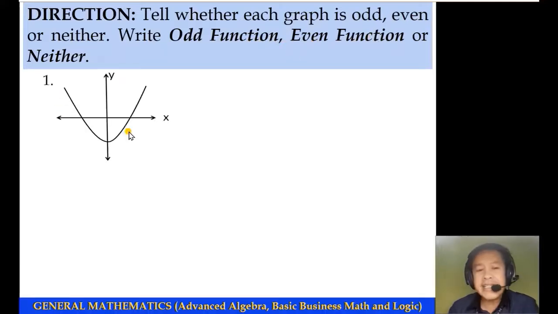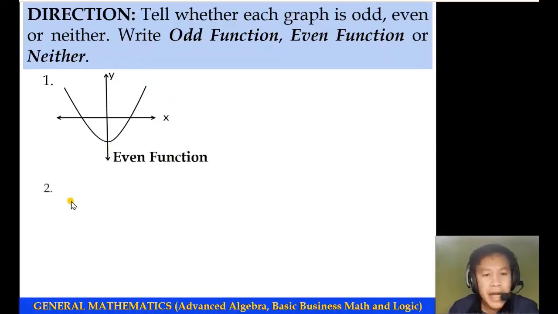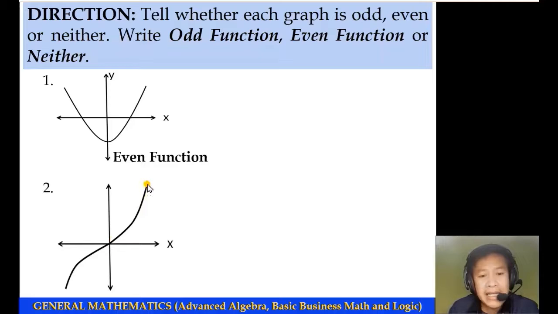Number 1, this is a parabola opening upward and this is symmetric with respect to the y-axis. Therefore, this is an even function. Number 2, this is a cubic function in which our point of symmetry is the origin and this curve is symmetric with this curve.